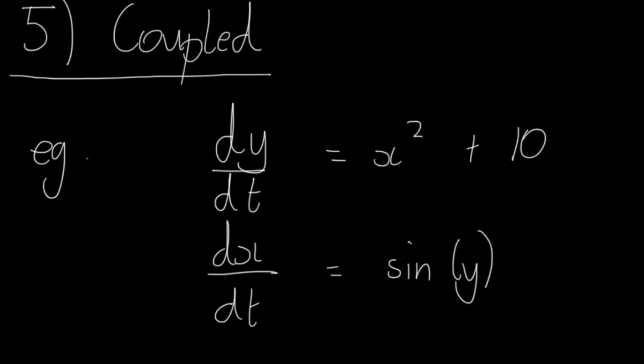So we can see the y term here is determined by the solution of this differential equation, but also the x term here is determined by the solution of this differential equation. And therefore, in this way, their variation is dependent on one another, and therefore they are said to be coupled.